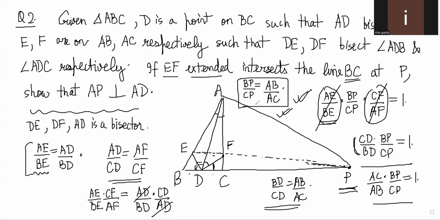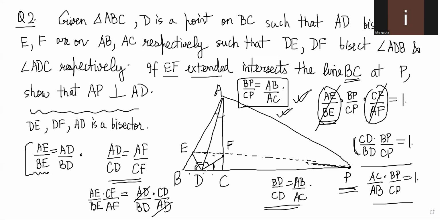If it was an internal angle bisector, this result would have proved that AP is an internal bisector, right? What I'm saying is, if it was an internal point P, and you got a result like this, BP by CP is equal to AB by AC, what would it have proved? That AP is a bisector line, no?